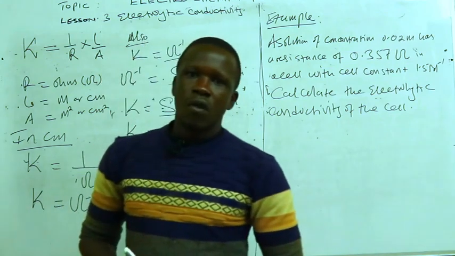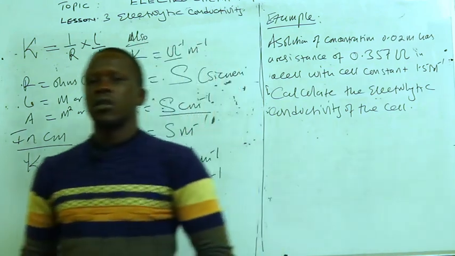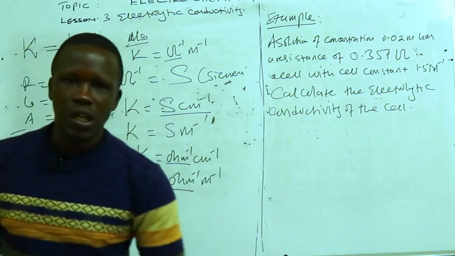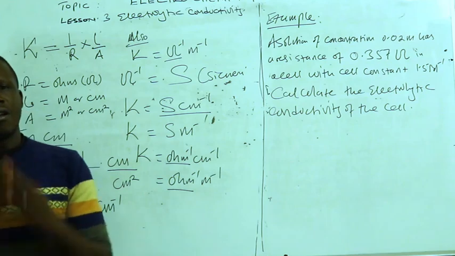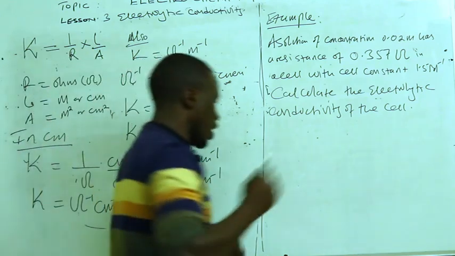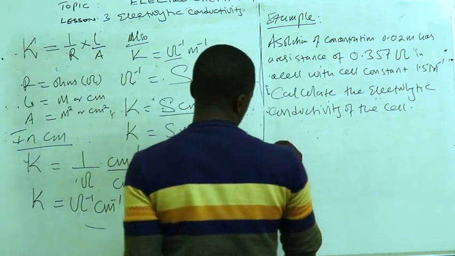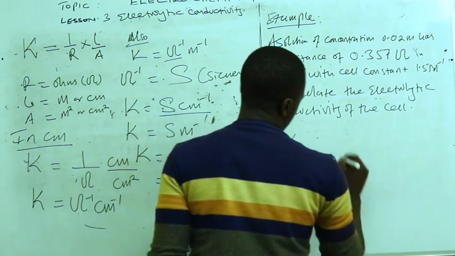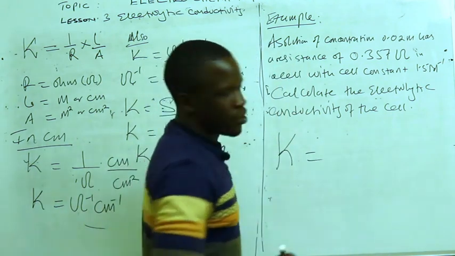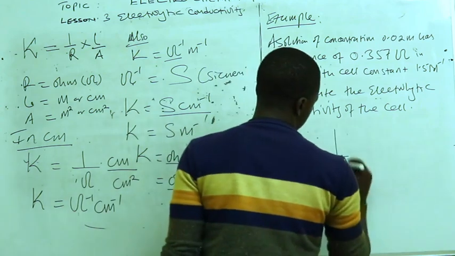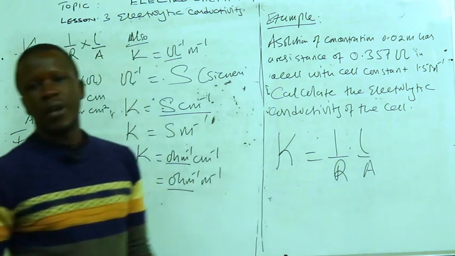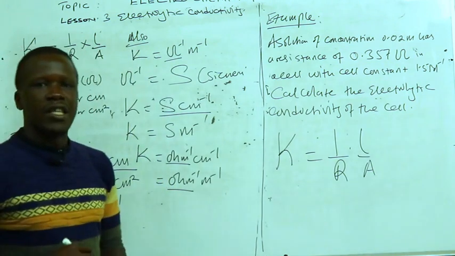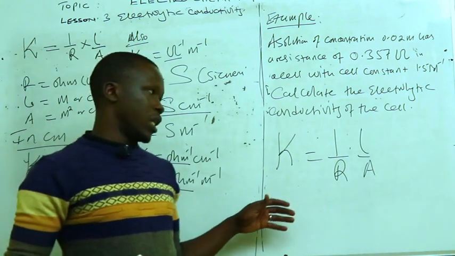Now, for any calculation where the formula is known, the first thing that we normally do is to state the formula. So here we would say that electrolytic conductivity K is equal to 1 over R times L over A. Once the formula is stated, then you substitute correctly.